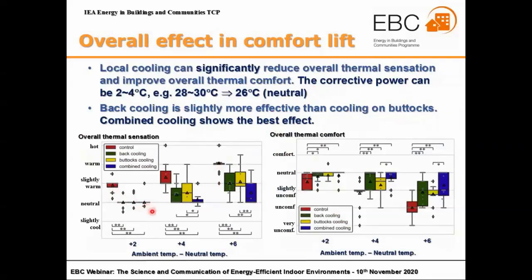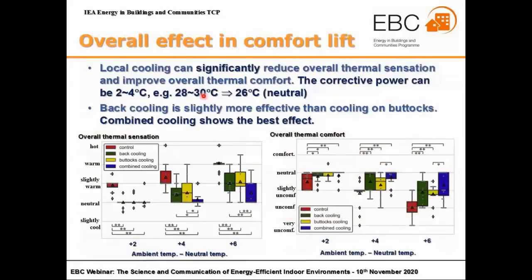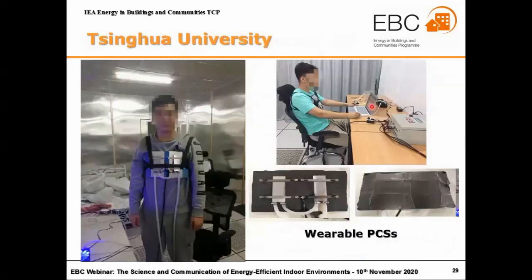The corrective power can be 2 to 4 degrees. That means when you feel 28 degrees or 30 degrees, you feel just neutral, like 28 degrees. So we have much more potential for energy saving.